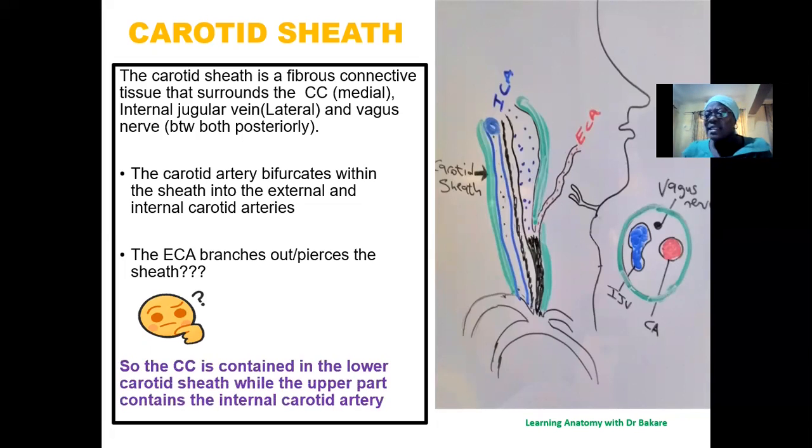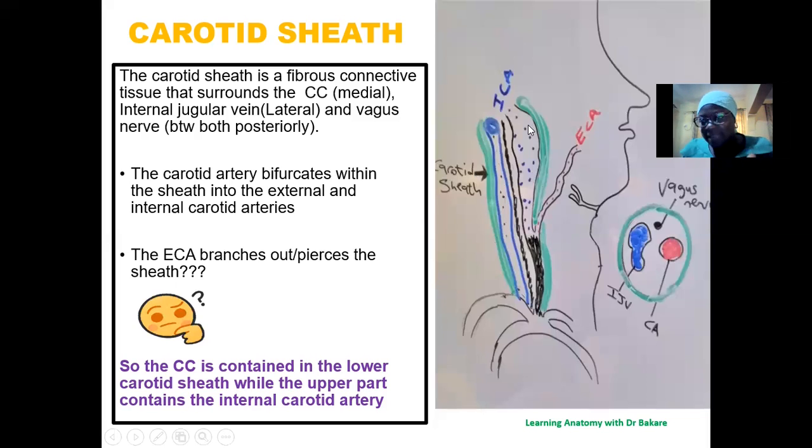So we can say that within the carotid sheath, the external carotid artery does not form its structural component because it actually pierces out of this sheath. In the lower part of the carotid sheath, the region of the carotid artery that we have is the common carotid artery, and that is before they bifurcate.